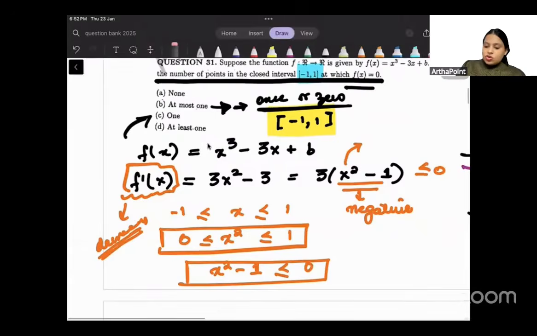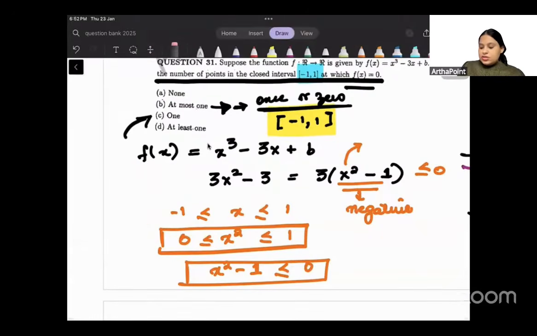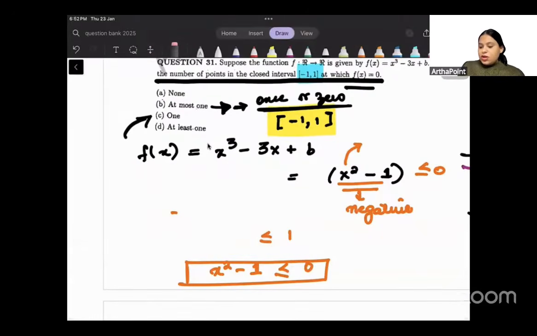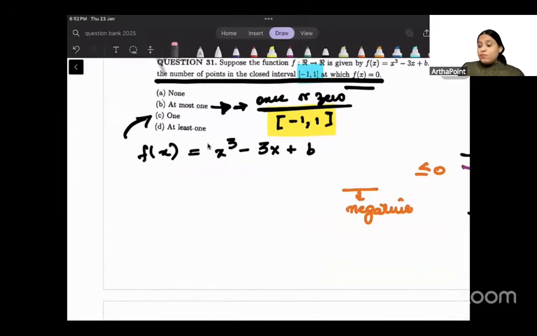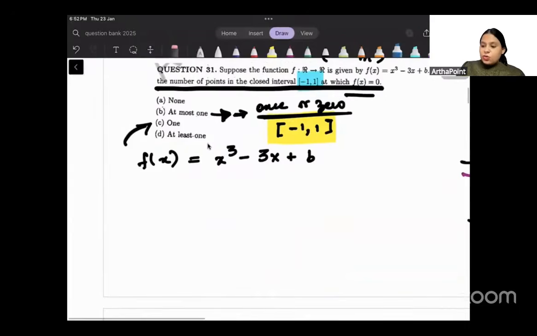So we are not very sure of what will happen in that case. Now, what you can also do is, suppose there was some value of b given to you. If b was given here, then you would have evaluated the function to see what happens when x is -1.